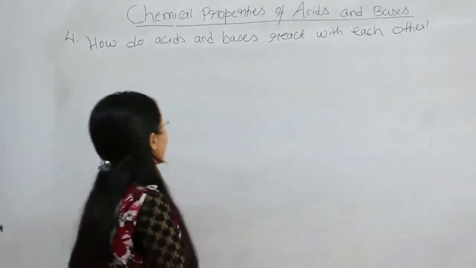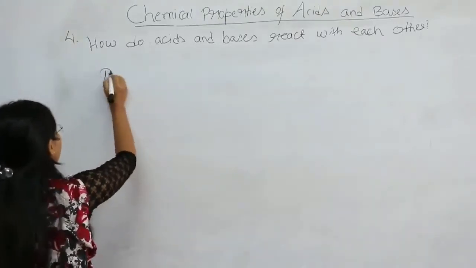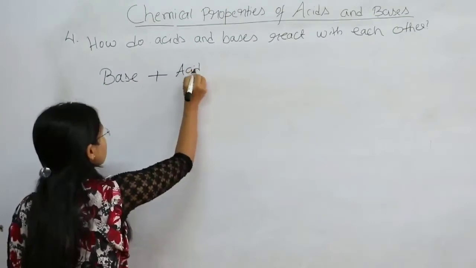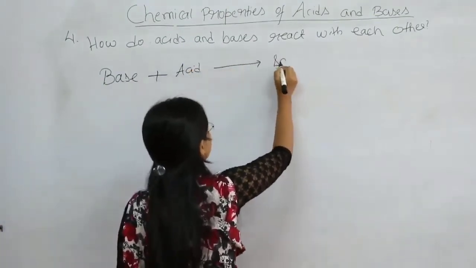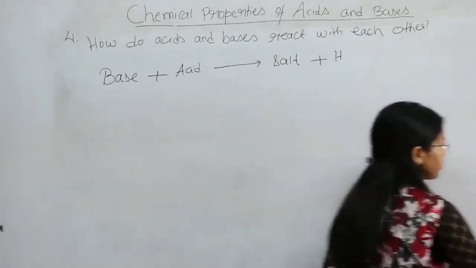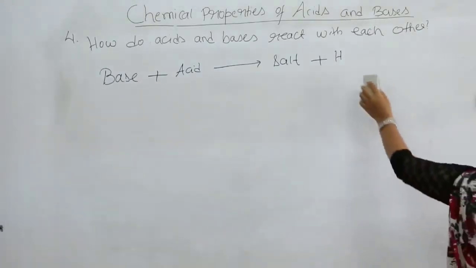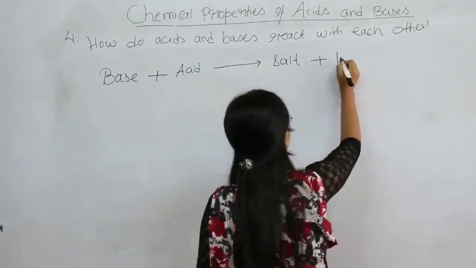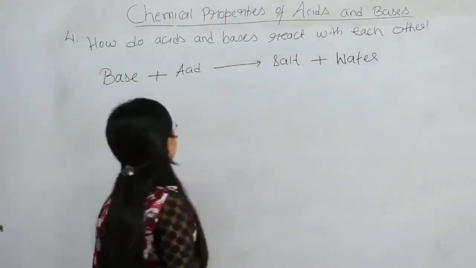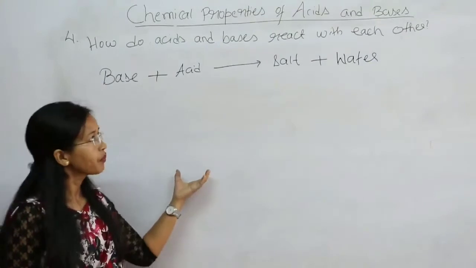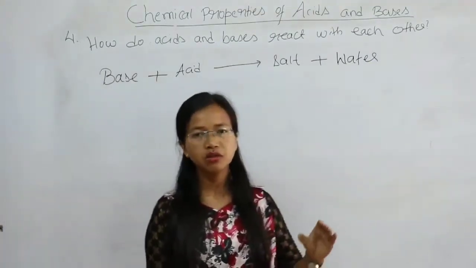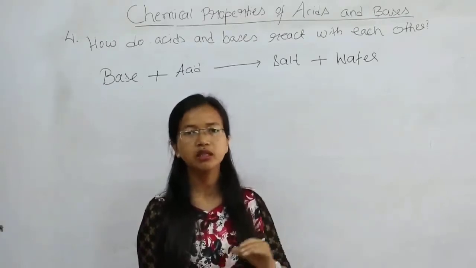When the base combines with acid, we need to get salt and water. So we already know that bases are the compounds which consist of metal hydroxides and metal oxides.